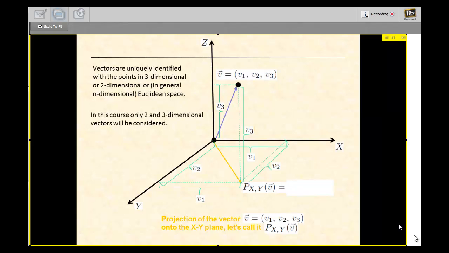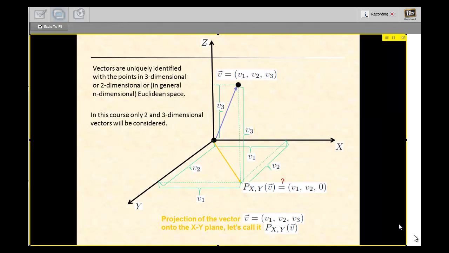So the projection onto xy of v is equal to what? This is the question. It is equal to v1, v2, and the z coordinate will be 0, because we always take a projection in 2 dimensional planes.